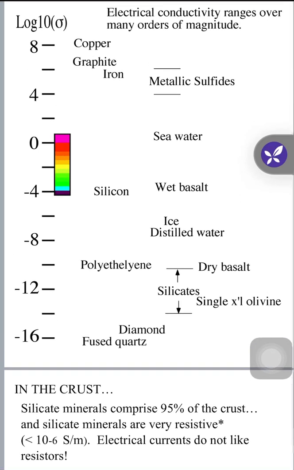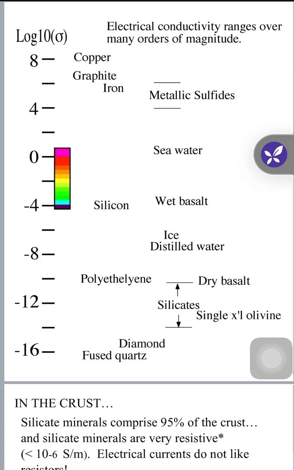For instance, the electrical conductivity for copper is 10 raised to the power 8, and silicon lies on the negative side, 10 raised to the power -4.